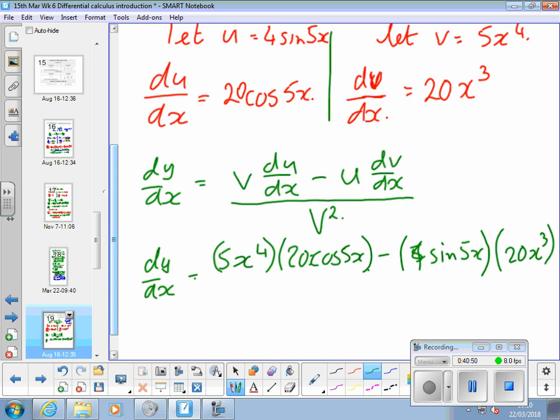And all of that goes over v squared, that's 5x to the power of 4 squared.